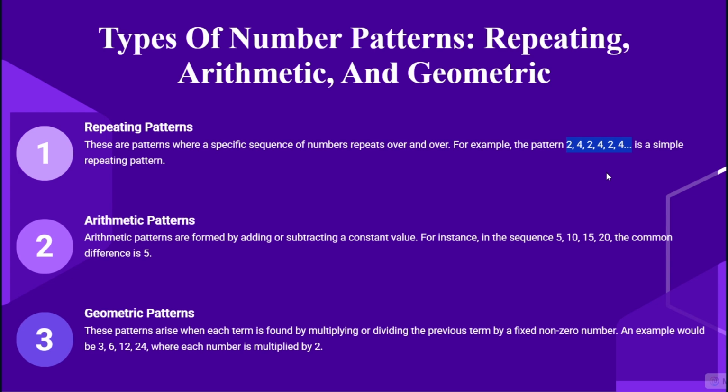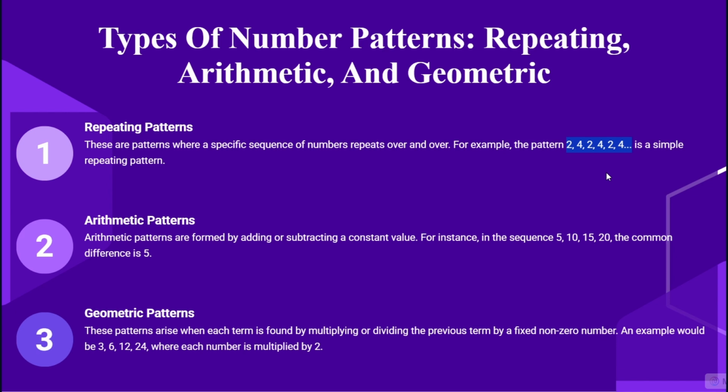Now we're moving on to the next part, geometric patterns. In arithmetic patterns, we talked about adding or subtracting a constant value. But here we're multiplying or dividing. And we have to make sure that no term can be 0 in this pattern, otherwise the whole geometric pattern would collapse.